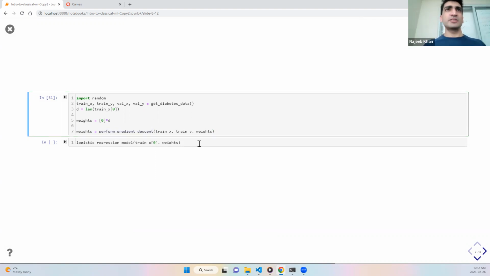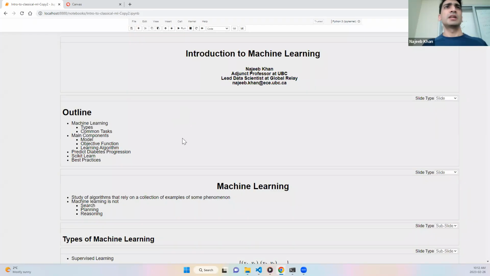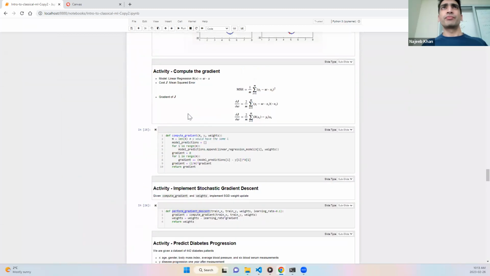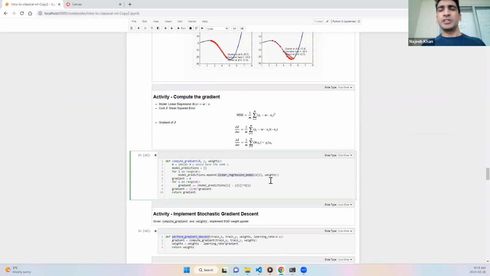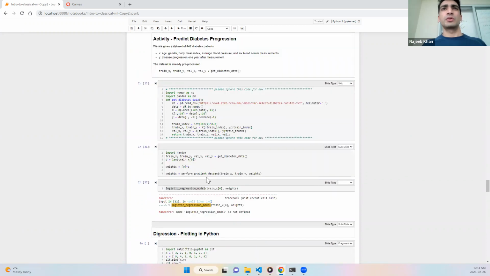And given these weights, what's the actual name of the model? Linear regression.